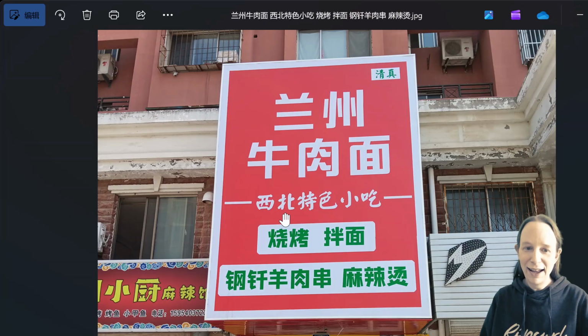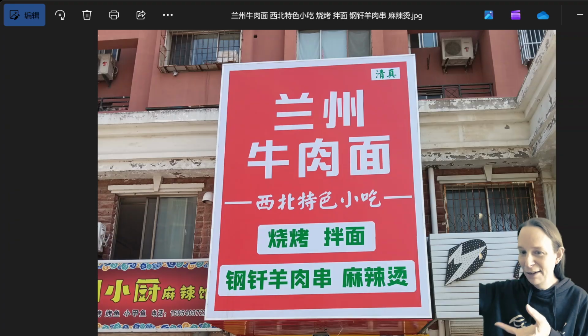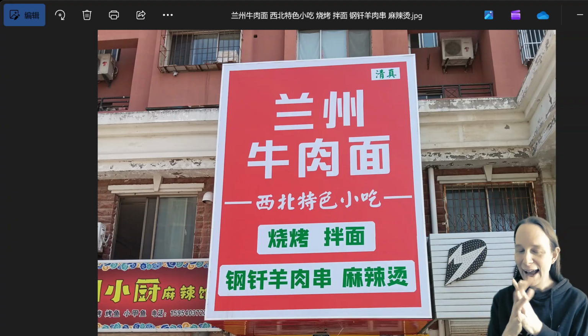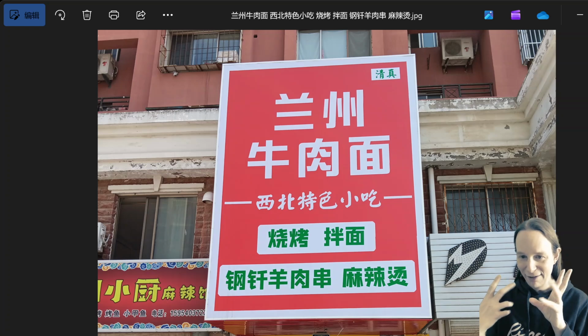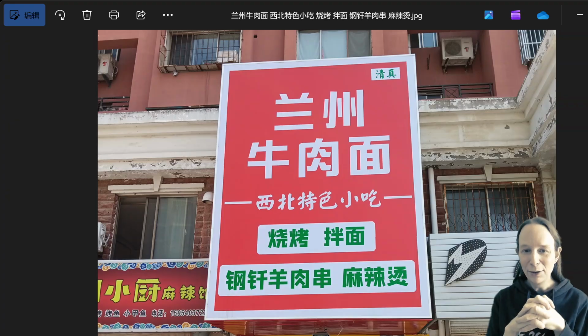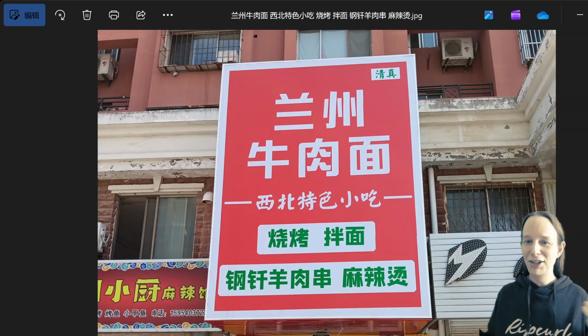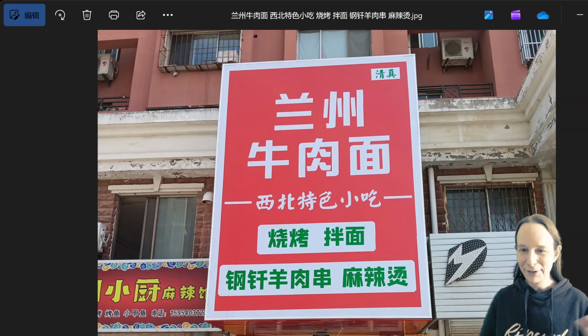So Northwest speciality 小吃. 小吃 is kind of like snack, but somewhere between snack and meal. It refers to things like fried rice, fried noodles, dumplings sometimes. It's not snack in the sense of junk food. That's 零食, like crisps and whatever.